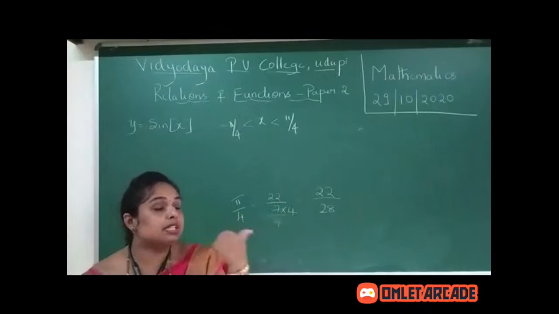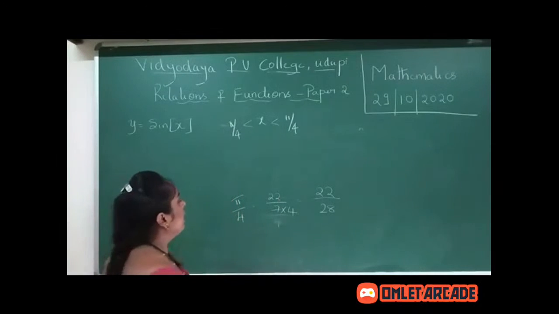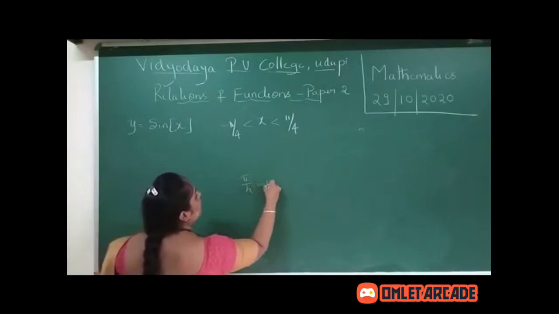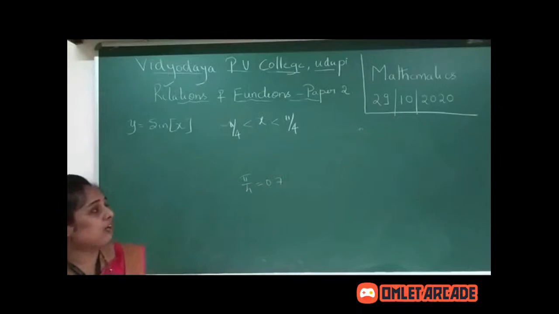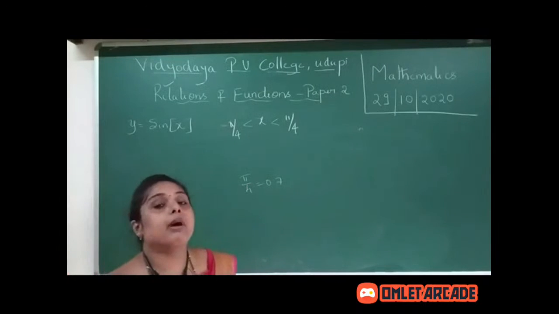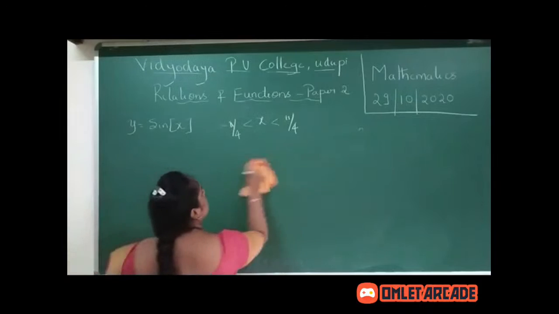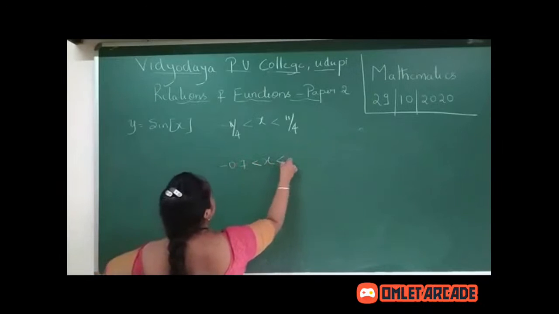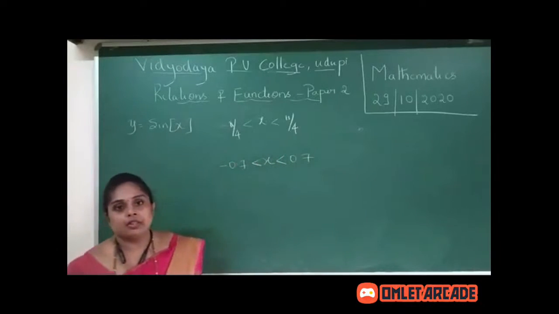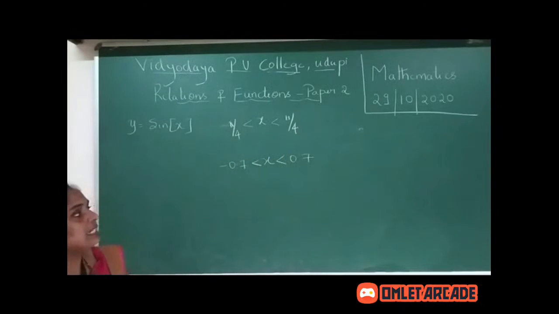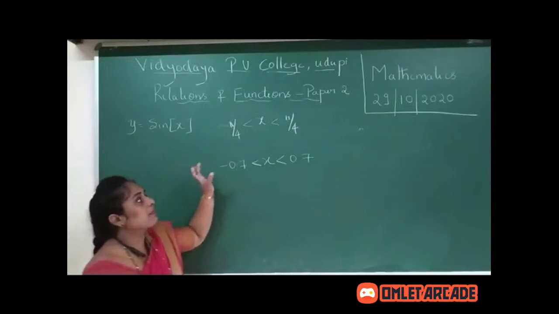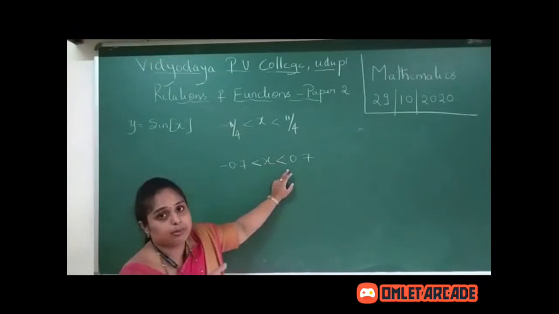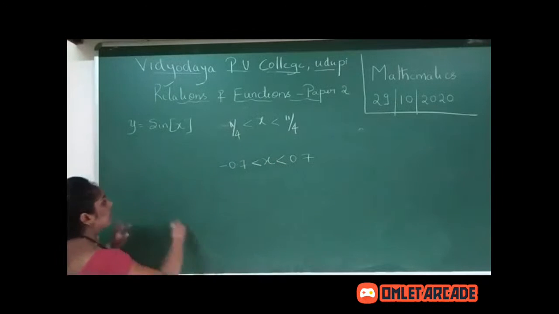Greatest integer x means it assumes the previous integer. Pi by 4 is approximately 0.7, whether 0.7 or 0.472, whatever it is, I'm using greatest integer. So this x lies between minus 0.7 and plus 0.7. Now what I do is split it into two parts, since I have the integer 0 between them.